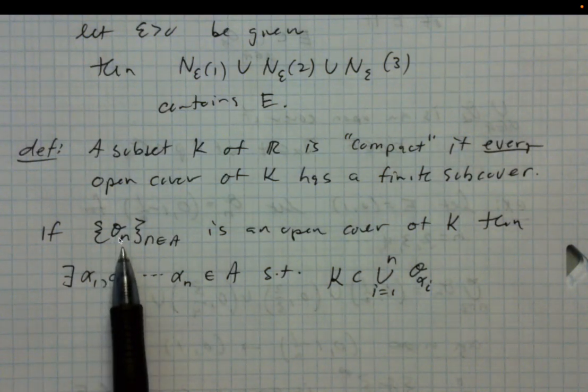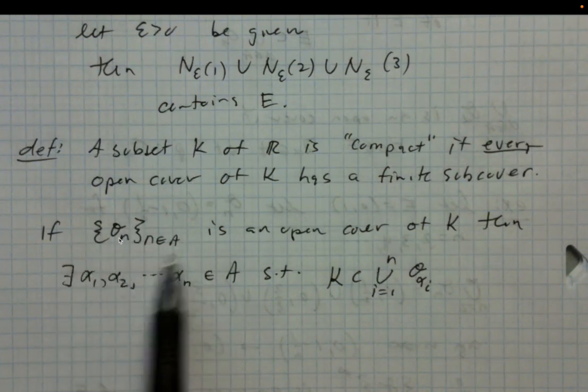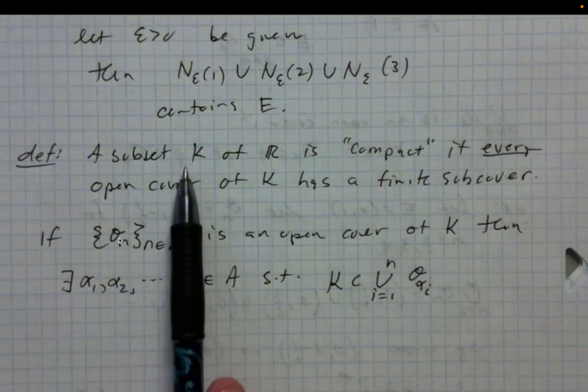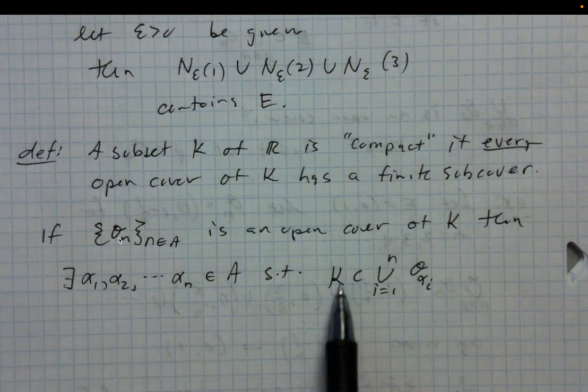Think of this as an infinite open cover. If it is a finite set, then we don't have to worry about it. But if this is an infinite open cover and K is compact, then I need to be able to throw out all but a finite number of these and still cover K. It isn't enough to show that there exists a finite subcover for K. Instead, we need to show that all open covers have a finite subcover.